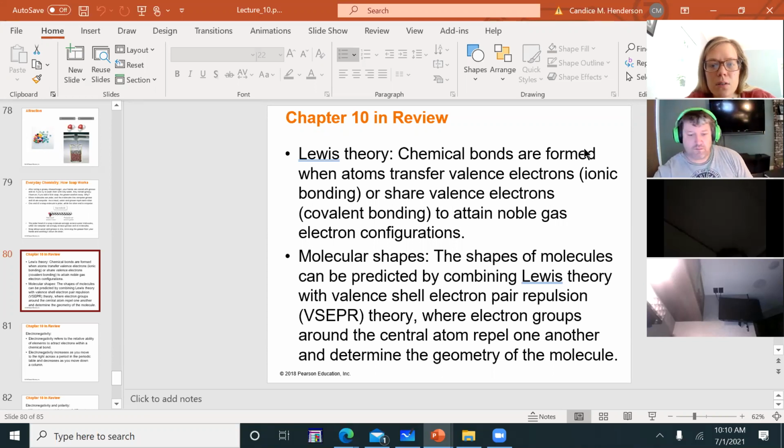Andrea is asking, for the lab, do we do all parts of each example, like the number of bonding domains on the central atom? Yeah, so the number of bonding domains, that's the number of electron domains, okay? If it's a bonding domain, it means it's a domain that is connected to another atom. The VSEPR formula, you don't have to do.